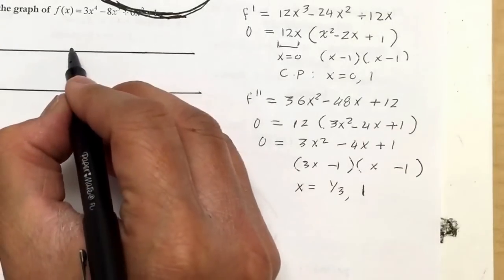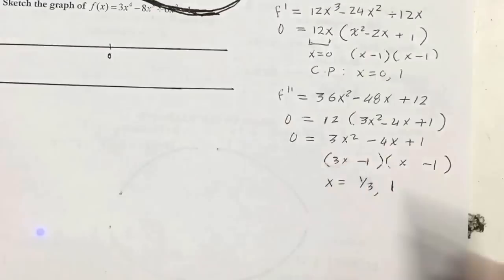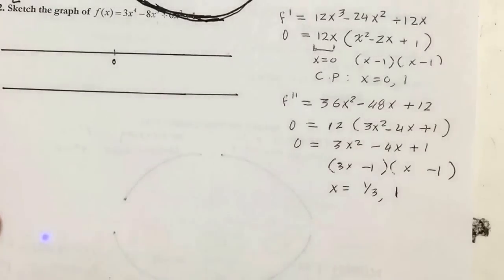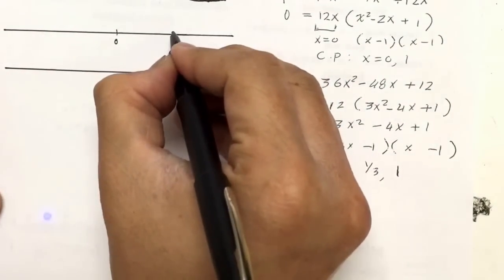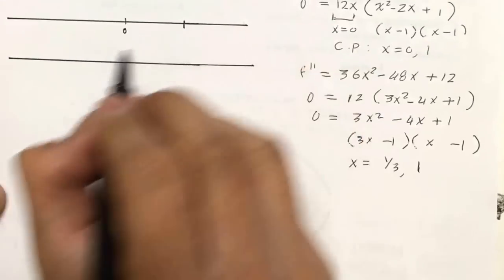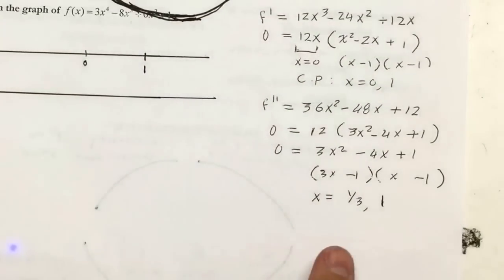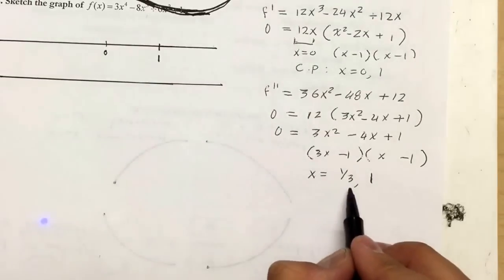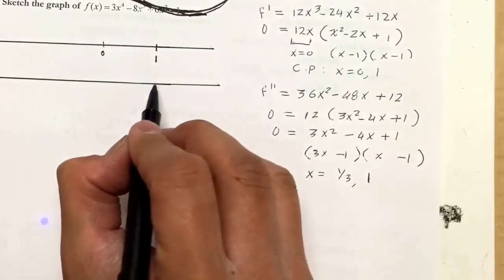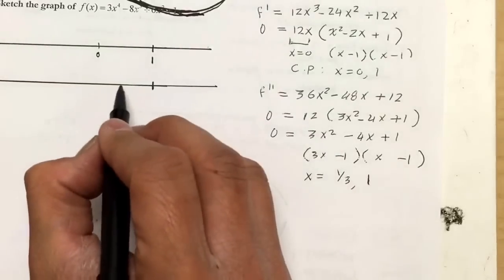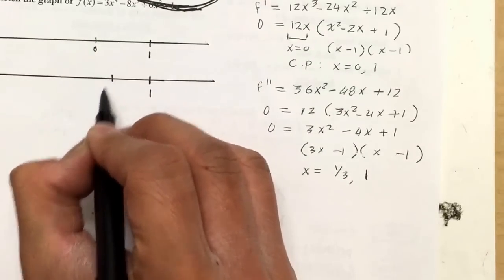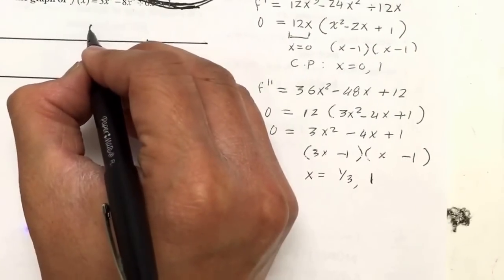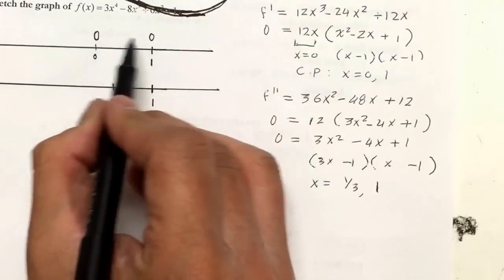Label 0 here, should be in the middle, and then label 1 here. Then we also label the second derivative 1 here, and 1/3 is going to be somewhere over here. Now go back to the first derivative and put zeros there.